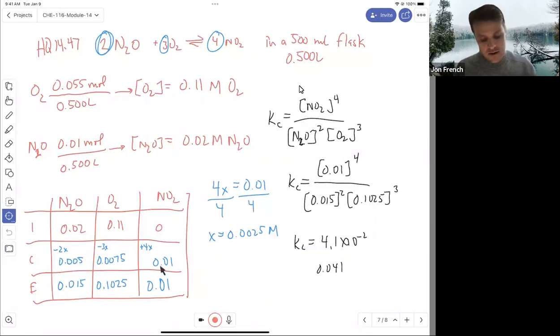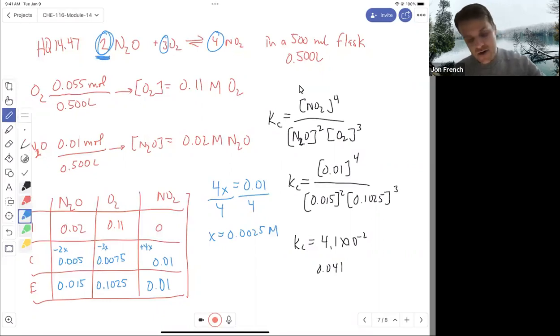And when I look at the balanced equation, right, the balanced equation says for every 2 of these, I need 3 oxygen, and I'm going to make 4 nitrogen dioxide. So, all right, setting this up in terms of X, that means for every 2x of the nitrous oxide that reacts, 3x oxygen also needs to react.